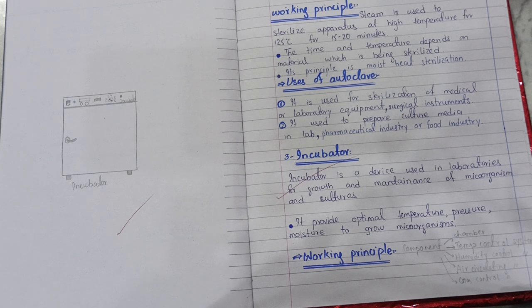It provides the optimum conditions for these microorganisms. After getting the optimum condition, these microorganisms begin to grow, and after their growth, we perform several experiments on them. We study their characteristics and properties, so that we can efficiently produce drugs against them.